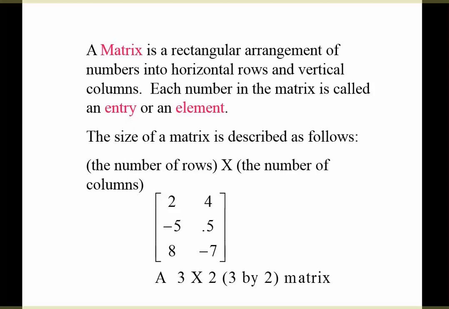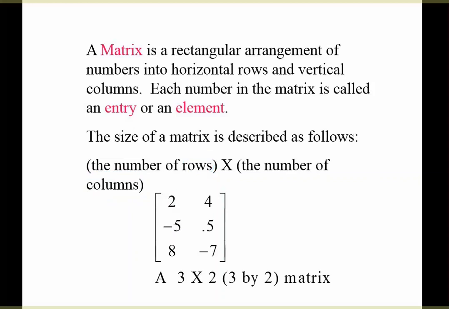We always start with the number of rows, and we can see here that we have 1, 2, 3 rows. So that's where this 3 is coming from. Okay. Then we go to the number of columns, and we have 1, 2 columns, and that's where this number is coming from. So it's important to recognize that we're talking about a 3 by 2 and not a 2 by 3.